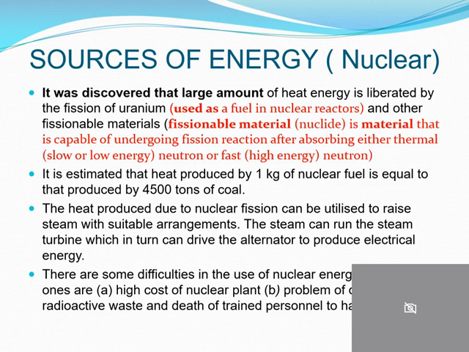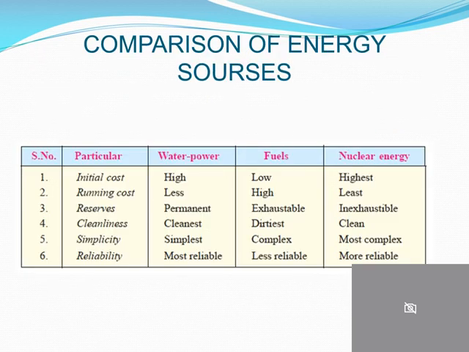We know most nuclear is dangerous, but besides that, there is the high cost of nuclear plants, the problem of disposal of radioactive waste, and a dearth of trained personnel to handle the plant because of the high danger or the toxic nature of nuclear.